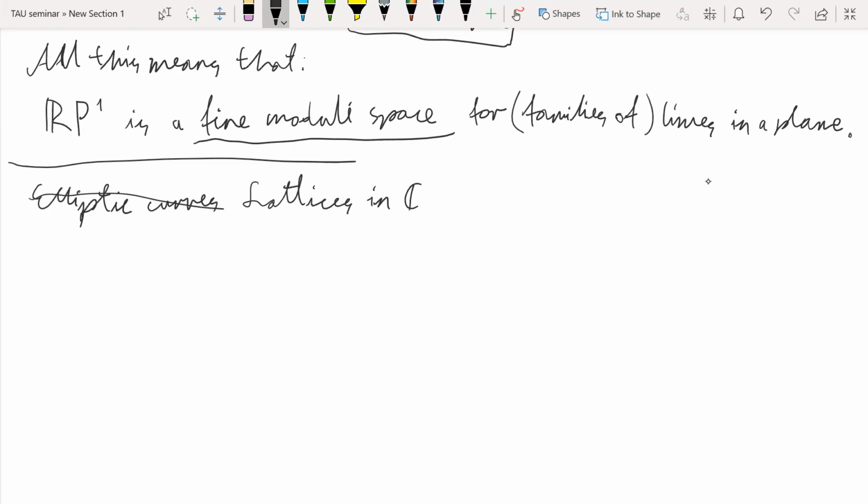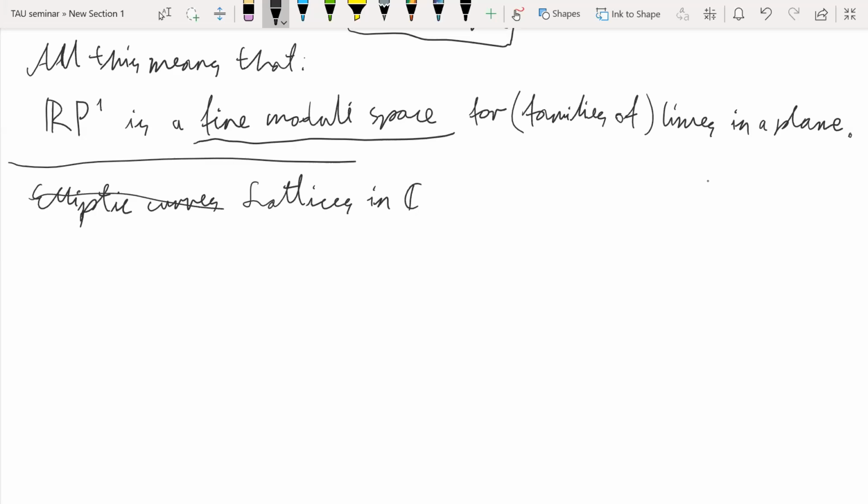We got a question. So I said that RP1 gives us the Mobius strip, and what does RP to the n give us? I don't think the resulting space, this tautological line bundle over RPn, has as nice a description as we have for RP1, because RP to the n itself is a more complicated space.